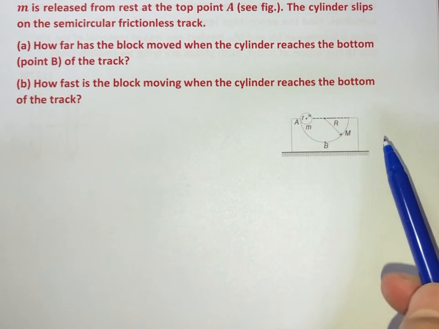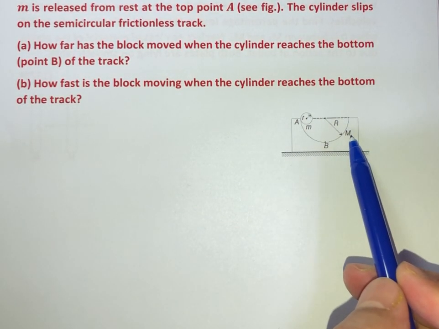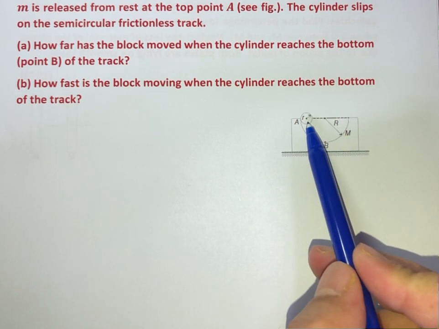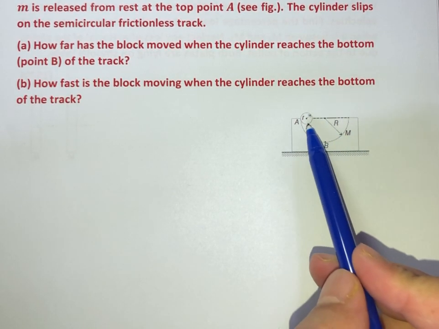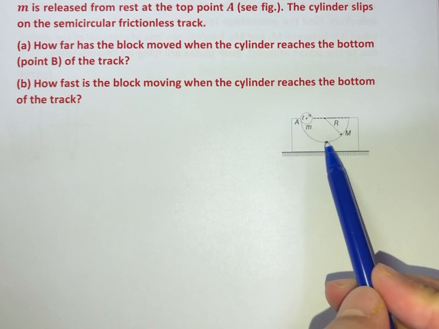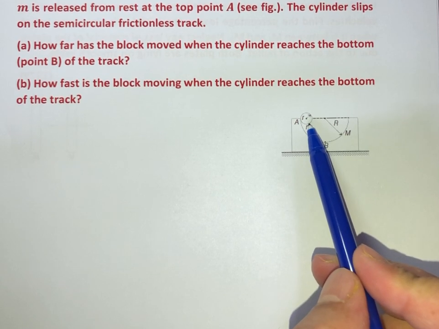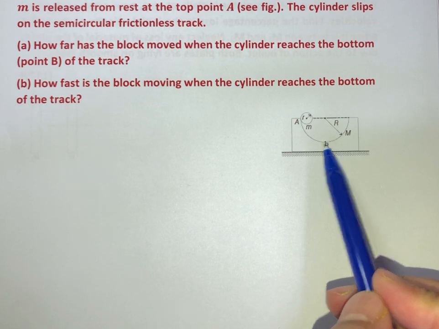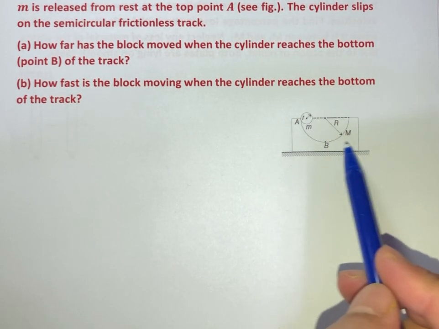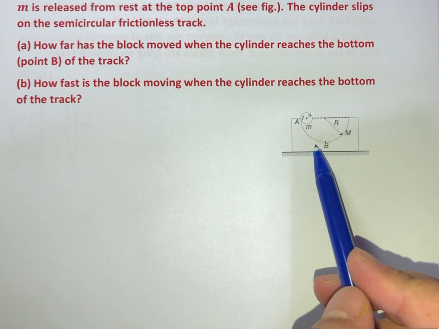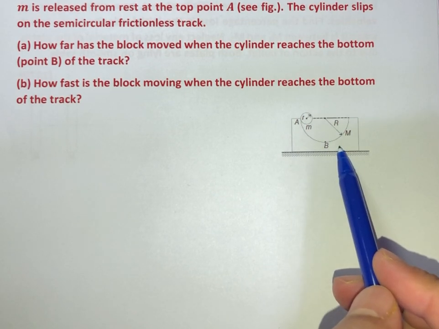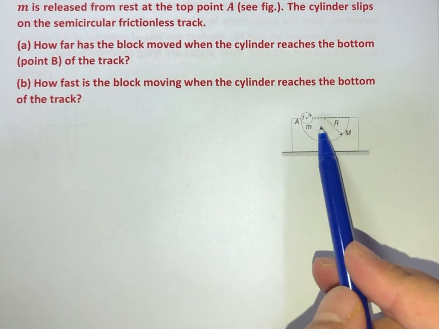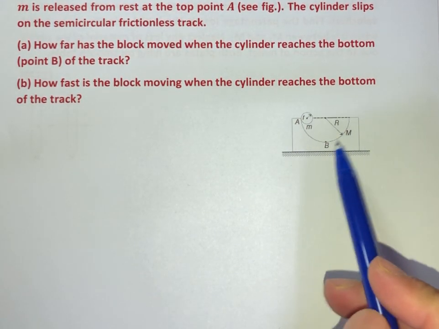So we have a block of mass capital M and a cylinder of mass small m, and it is moving from point A to point B. It is asked that when the cylinder reaches point B, we have to find out two things: how far the block has moved, and what is the velocity of the block.